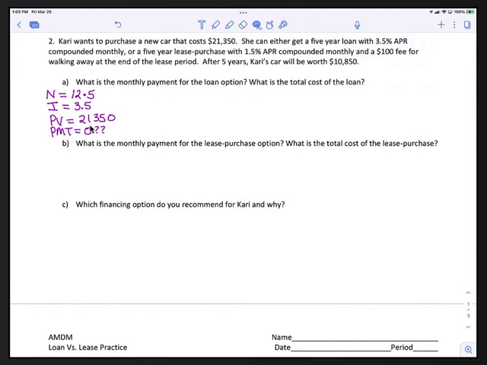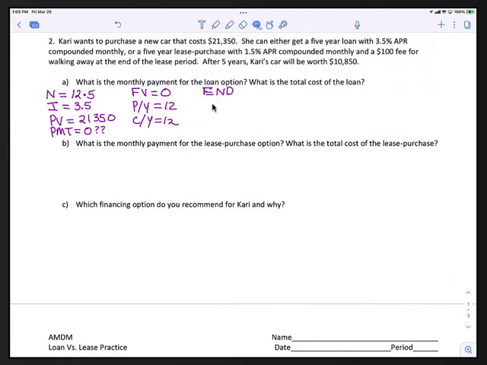The payment is 0 with a question mark because that's what we're looking for. Your future value is going to be 0 because when you pay off the loan, the value will be 0. And both P/Y and C/Y are 12 because it's monthly. When you put that into your TVM calculator, you will get your payment.